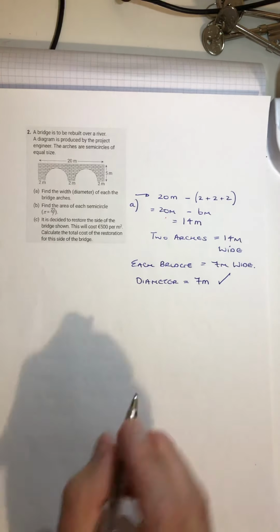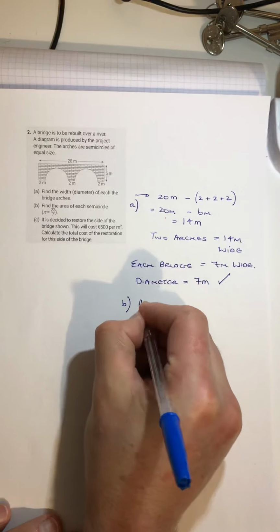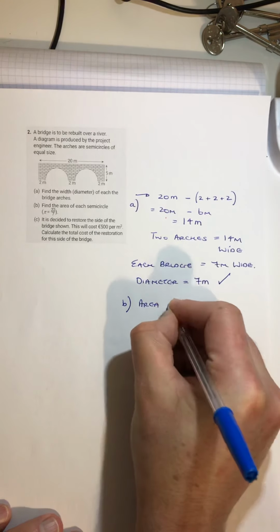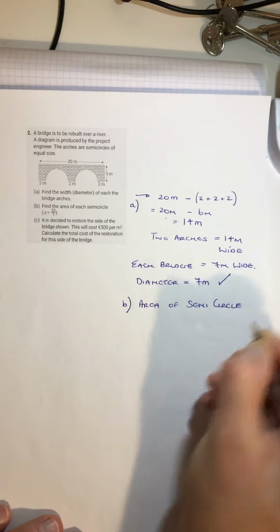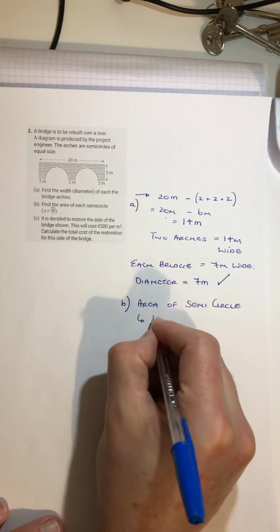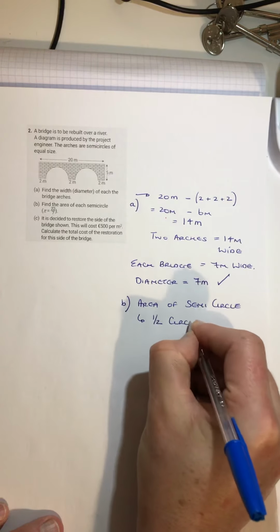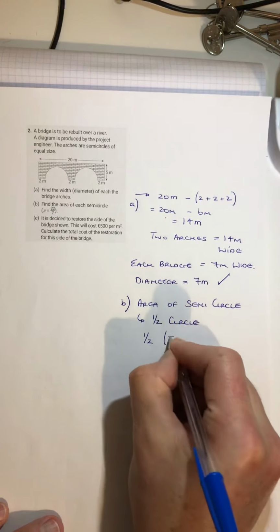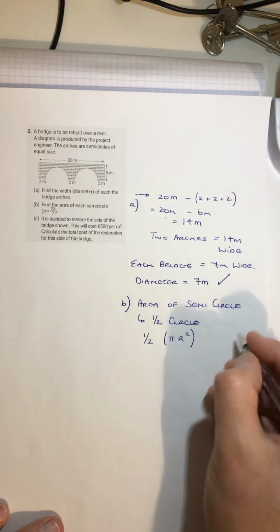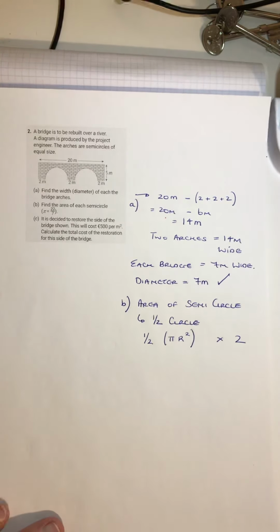And now for part B, the area of the semicircle. Well, a semicircle is half a circle. So a half of pi r squared. And then there are two of them.